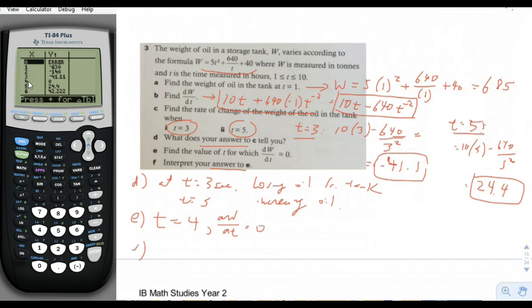So interpret your answer. Basically, at t equals 4, the tank is neither increasing nor decreasing its oil level.